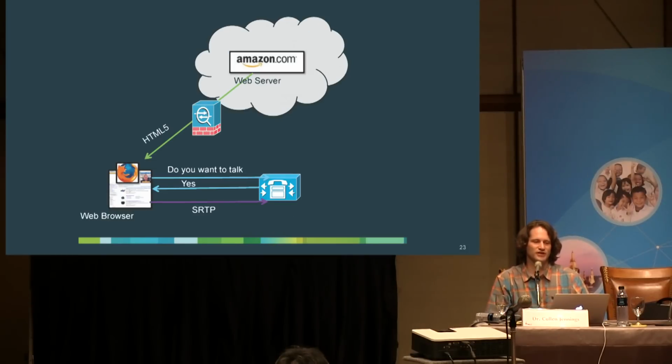So the approach to this was to make the browser very carefully go and talk to the other end. The web page says, hey, I want to talk to this other IP address. The browser itself actually sends a confirmation packet over to that device and says, are you involved in this communication session with this voice and video WebRTC session, and do you want to talk to this device?